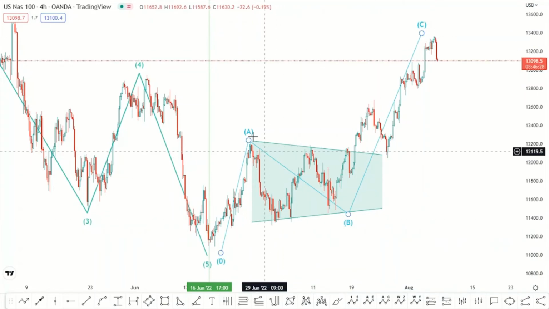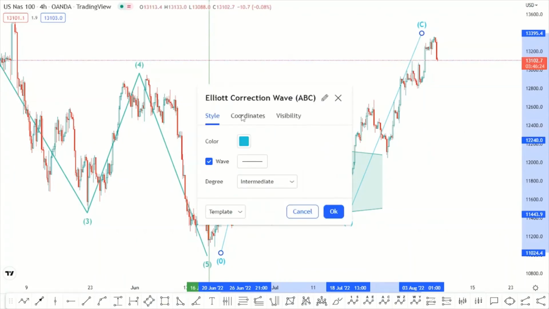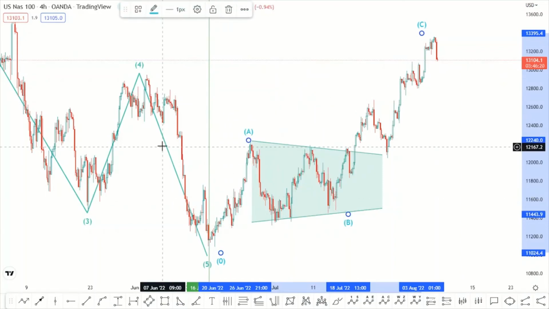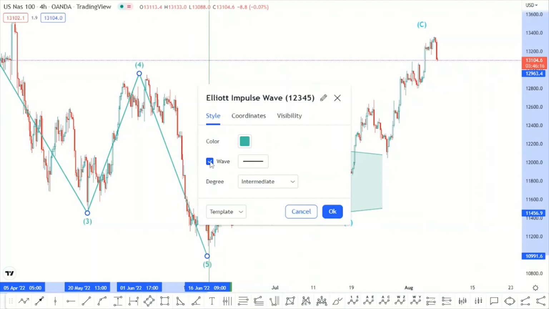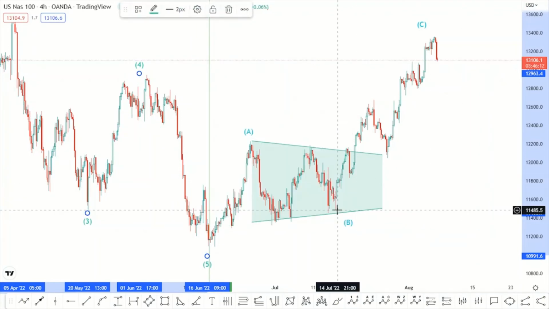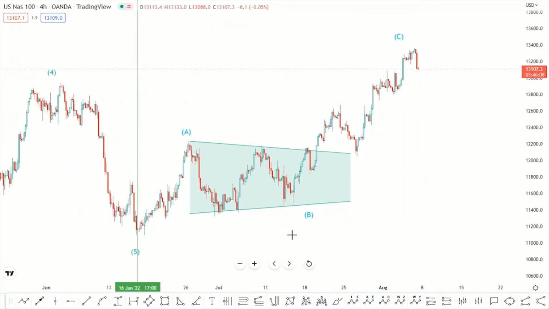So I'm just gonna remove waves here, because I don't need too many lines, right? And I'm going to remove these ones too. I don't want things to look messy. There we go, right?